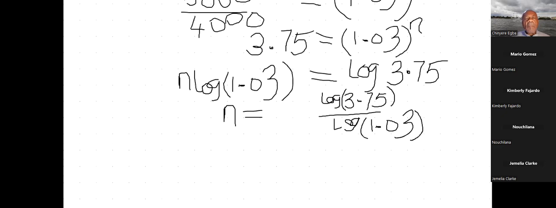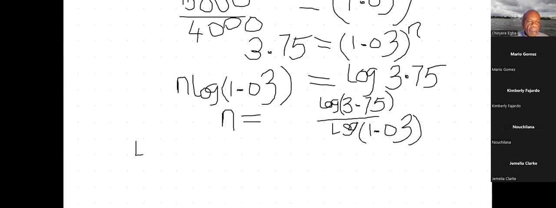Okay, let me make it very clear. We are not talking about this. This is what some students do, and this is what I did way back then when I was trying to learn this. These are two different things.